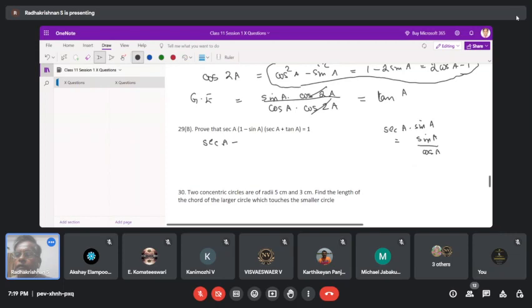Secant A into sine A is the same as sine A by cos A, which is tan A. So secant A into 1 minus sine A has become secant A into 1 minus tan A. The other one, let us keep as it is: secant A plus tan A.